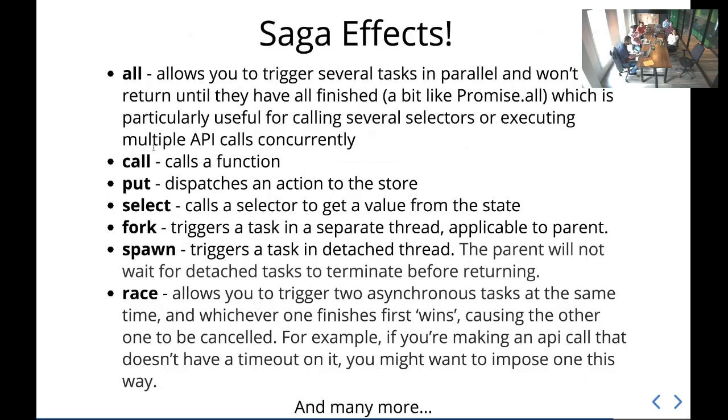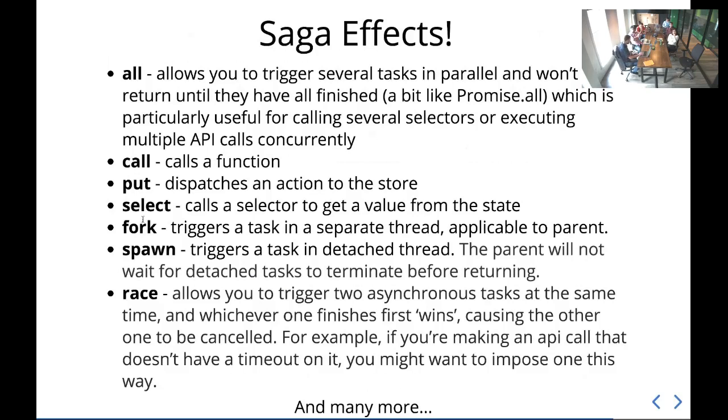The other ones I use very often are put and select, because put dispatches actions at the end of the Saga to actually write to my store. And let's say I needed some information that I store within the store to initiate my call. Before I initiate the call, I would use select to get it inside my Saga. So select is the way Saga interacts with our selectors and thus the store itself.